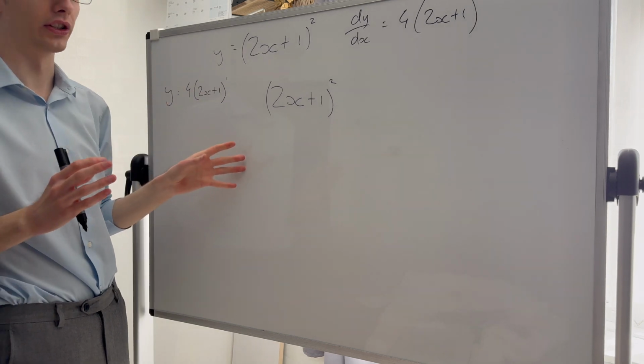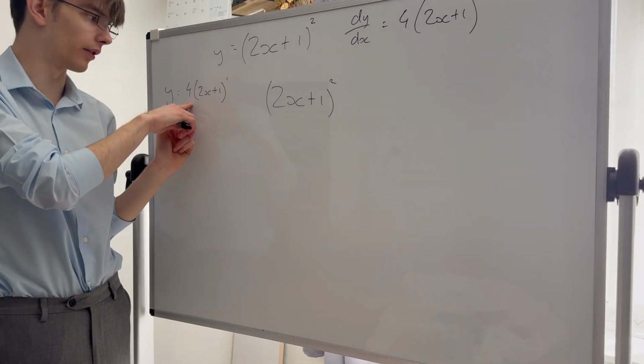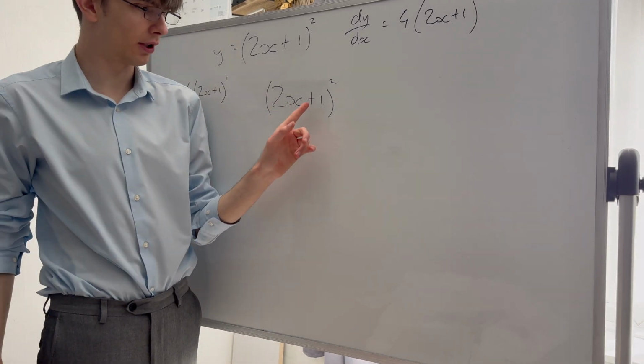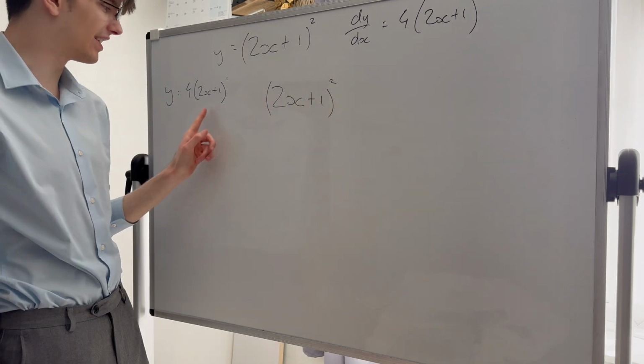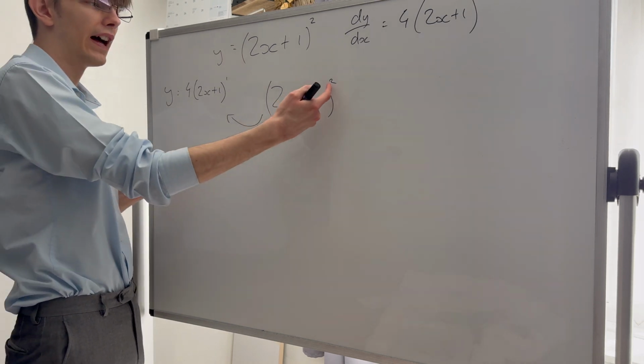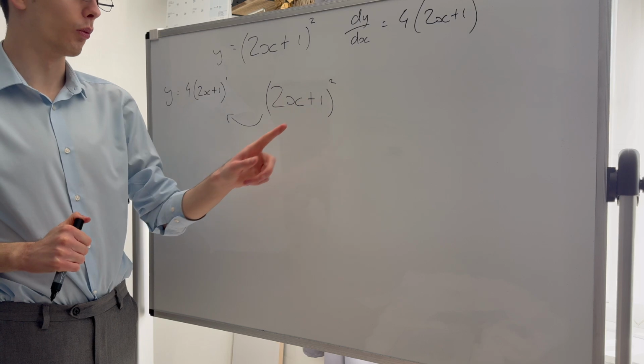That bit should be obvious. Regardless of what's in front, this could be a mess in front, it could be a sine, a cos, a ln, or whatever in front, I should recognise that this (2x + 1)^2 is definitely going to have something to do with it if I want to work backwards. Because that 2 will always be brought down and we'll end up with (2x + 1)^1.